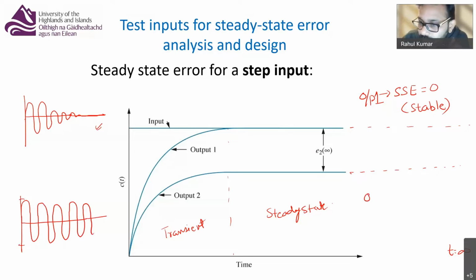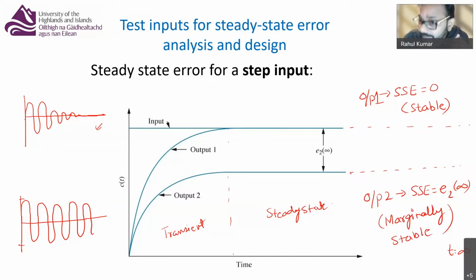So for output 2, in this case, I will have a fixed steady state error, E2 infinite, and my system will be marginally stable. Marginally stable, because my output or my error is neither decreasing nor increasing. It is constant, E2. Okay.